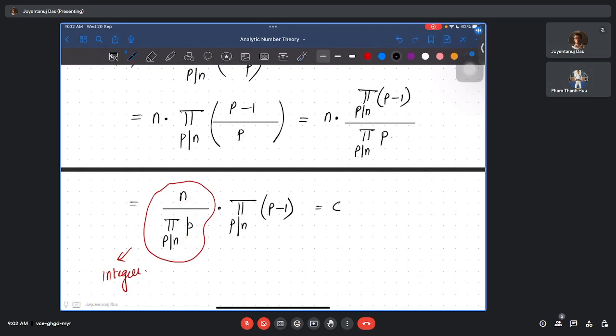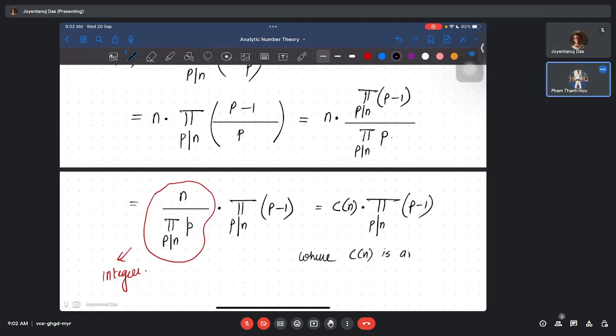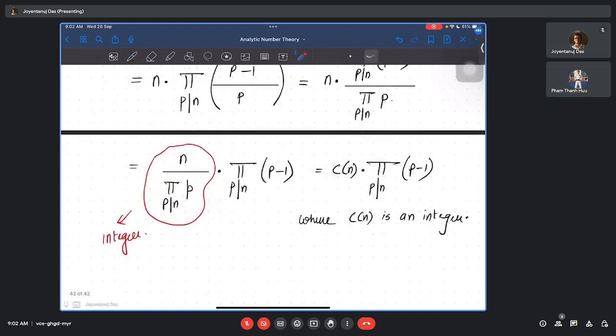So I can write it as c of n times the product over p dividing n of p minus 1, where c of n is an integer.